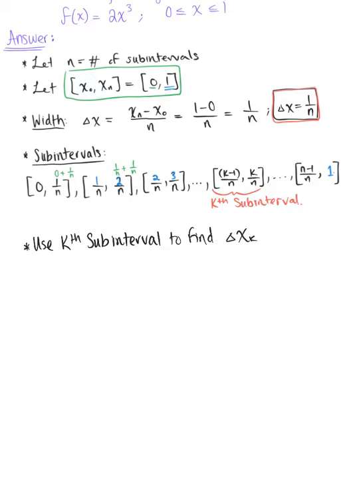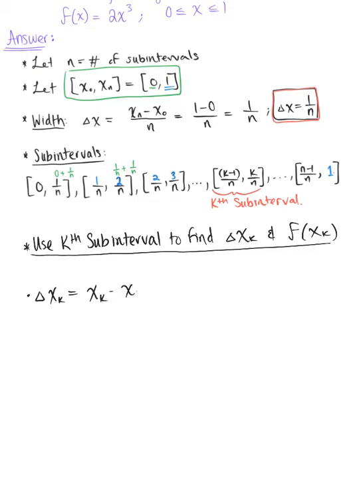So we're finding delta x sub k and f of x sub k. We'll start with our width here. We know that the width in the kth subinterval should just be the difference of the endpoints, so x sub k minus x sub k minus 1. Plugging in those endpoints, I have k divided by n minus k minus 1 divided by n.